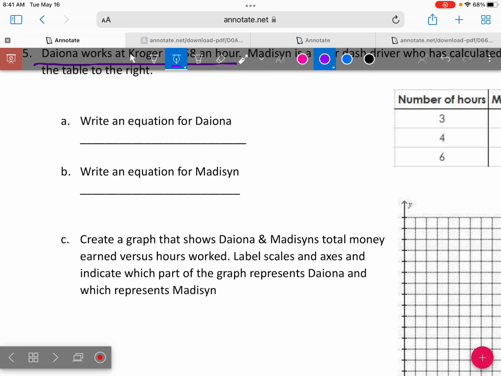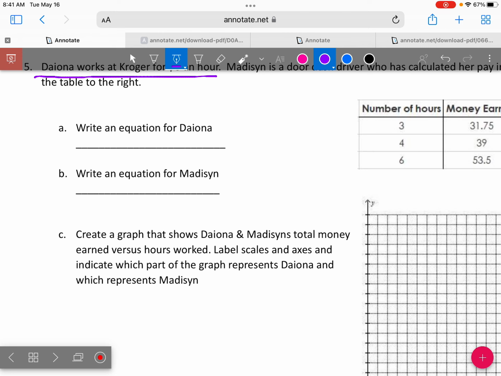So how can I write her pay as an equation? Yeah. y equals 8x. $8 per hour.